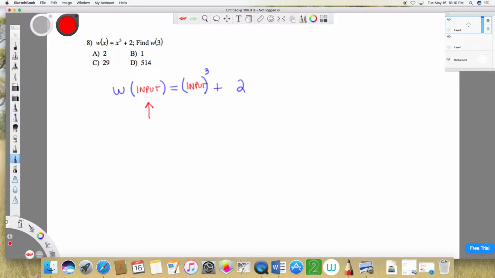So no matter what we give it, this function w takes that number, raises it to the third power, and then adds 2.